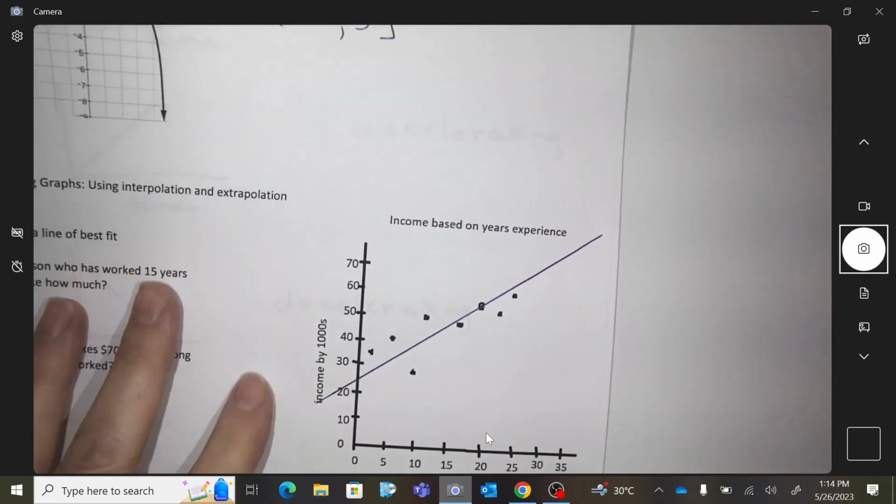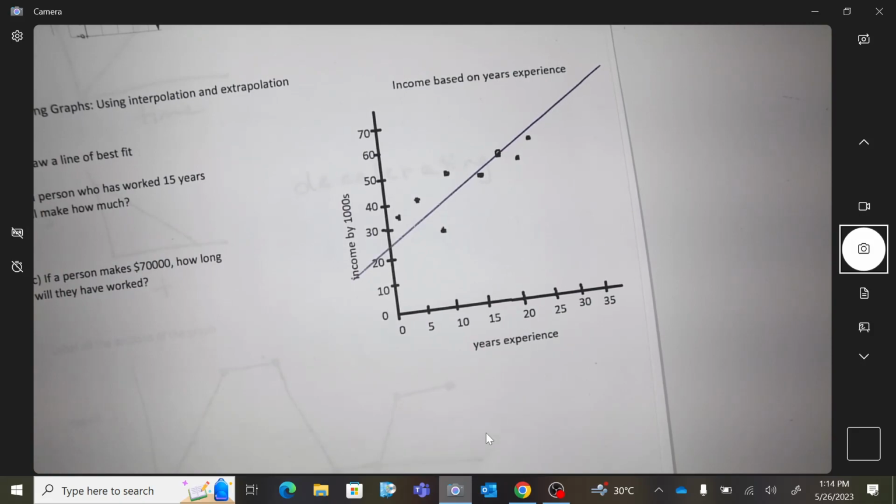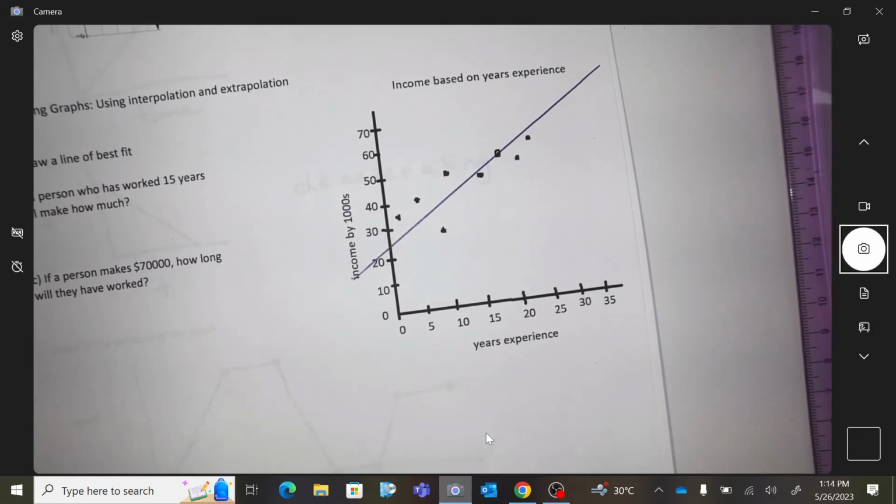So something like that. If you end up in the applied stream in grade 11, we do that quite a bit, with a line of best fit, a curve of best fit.